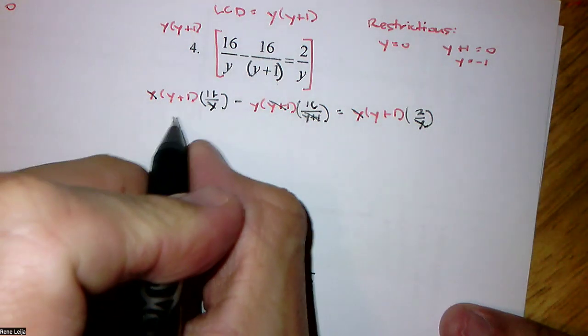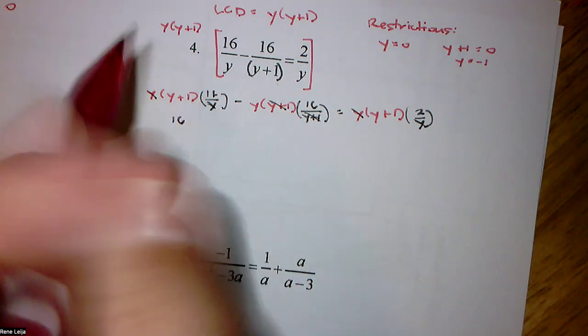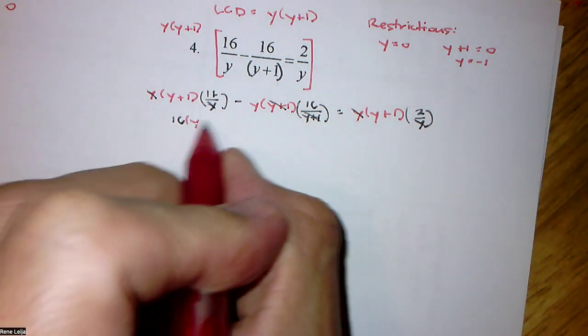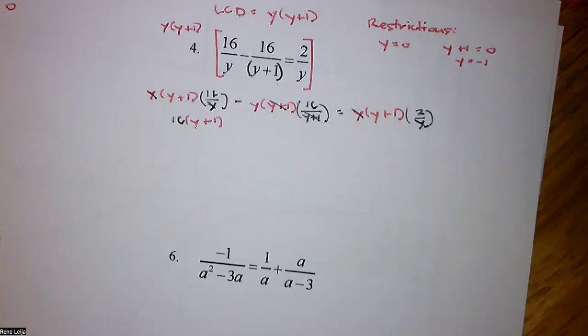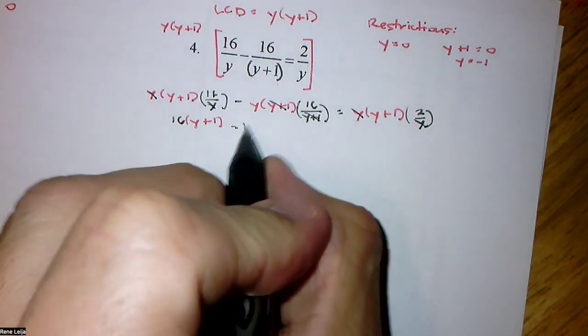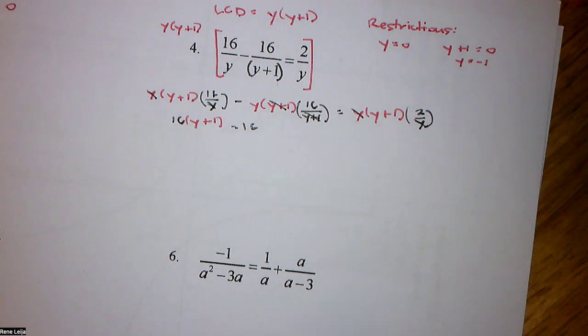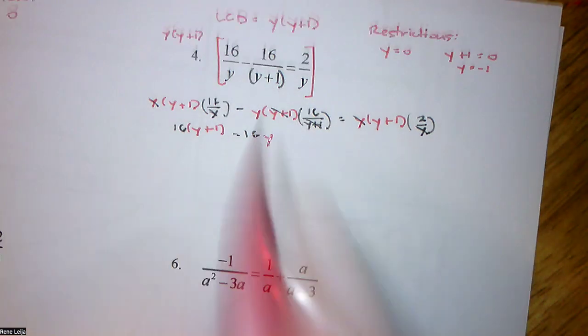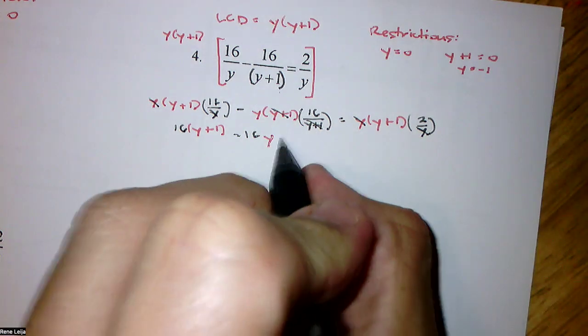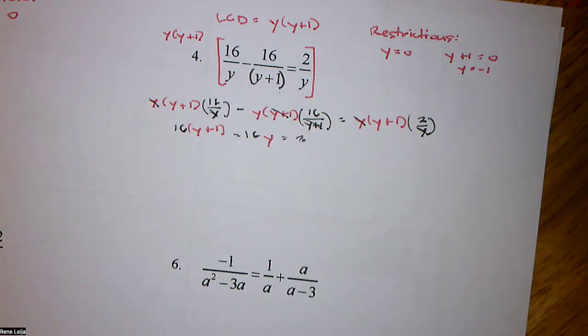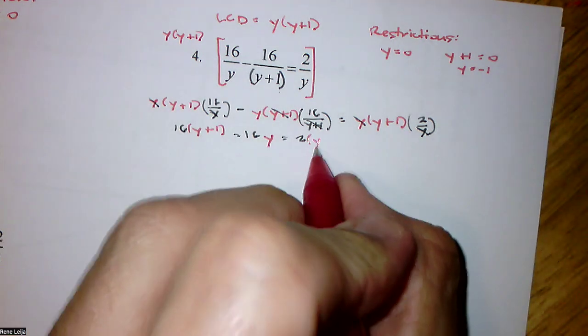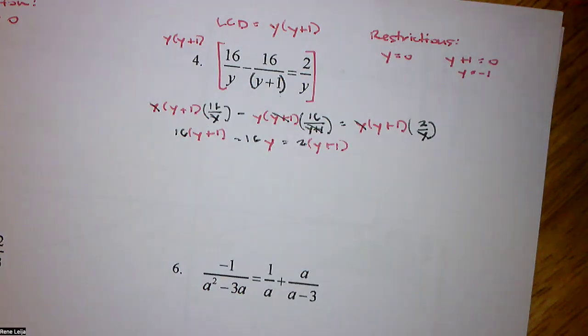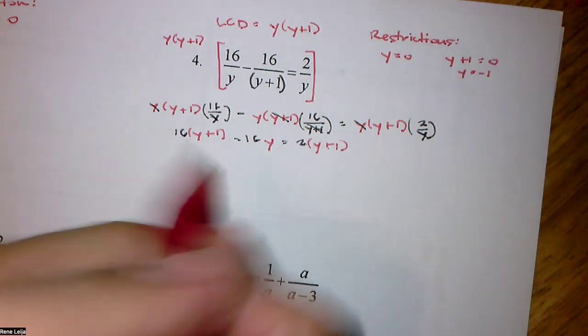So we're going to write what we have left. So we've got 16 times the y plus 1 that was left over from the LCD, minus 16 times y, equals 2 times y plus 1. Okay, so let's distribute.